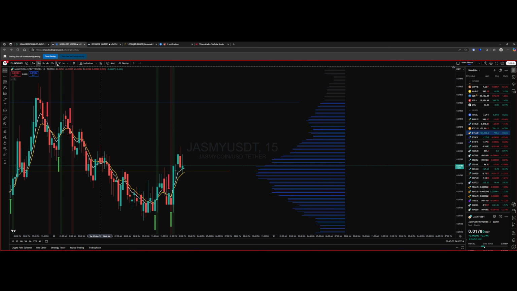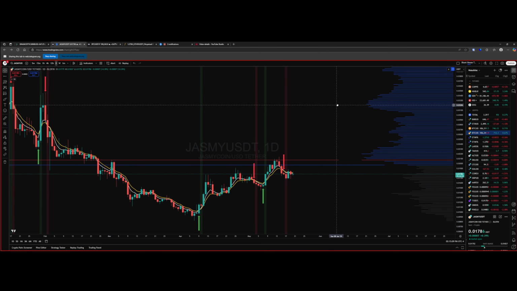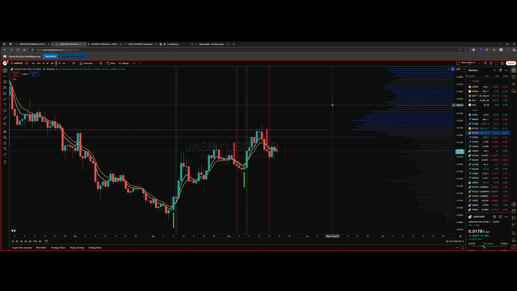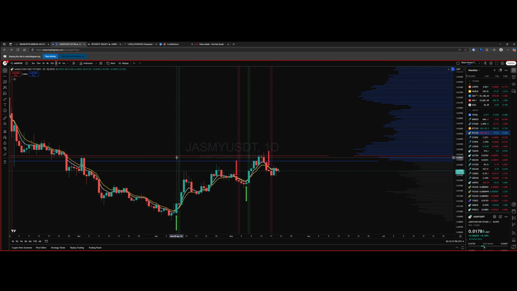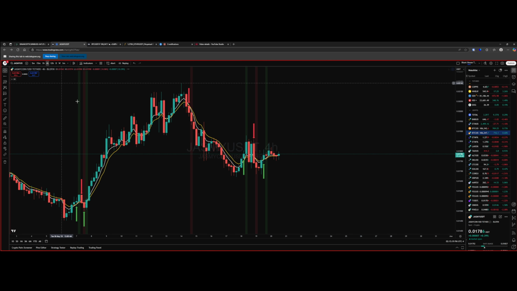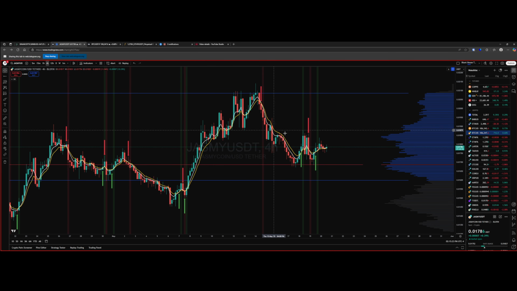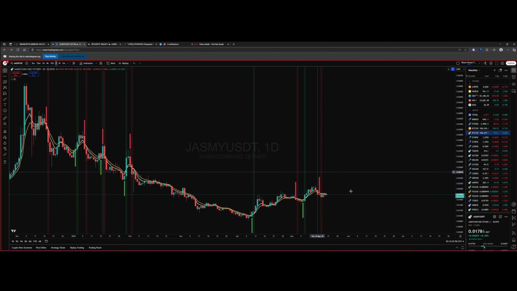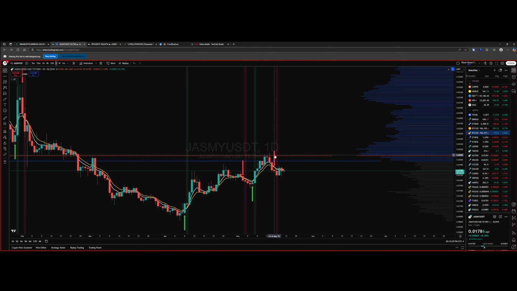Because I didn't want to go anything lower than 15 minutes, I guess I just monitor the daily like you did, set up your values, check it out on the 4 hour and the 1 hour, and then I kind of highlighted on the 15-minute there. On the daily, if we go back just quickly, there's a little bit of volatility in here.